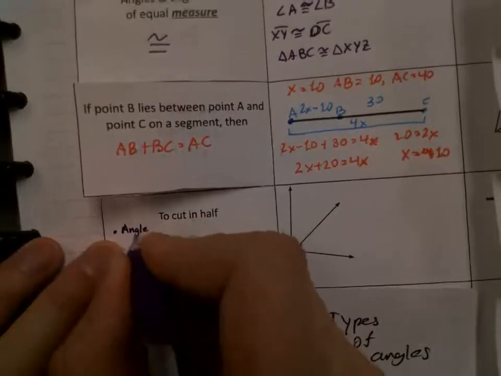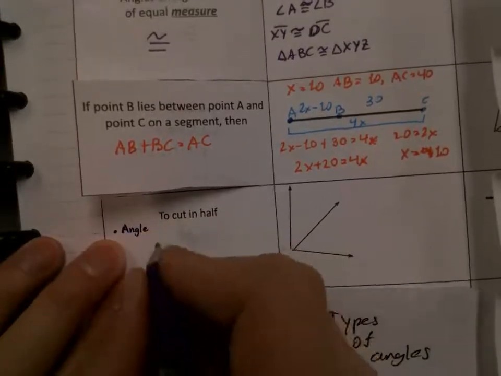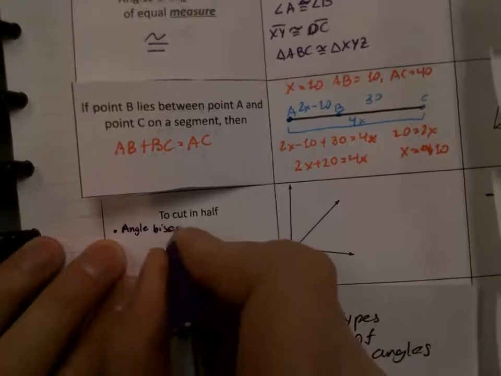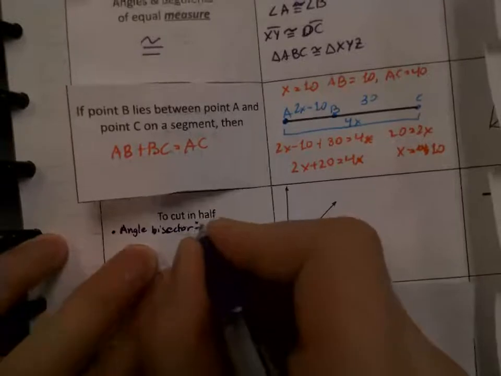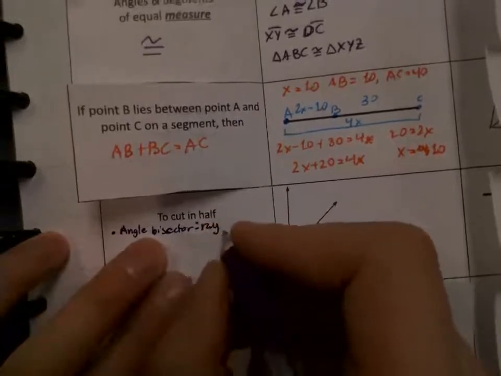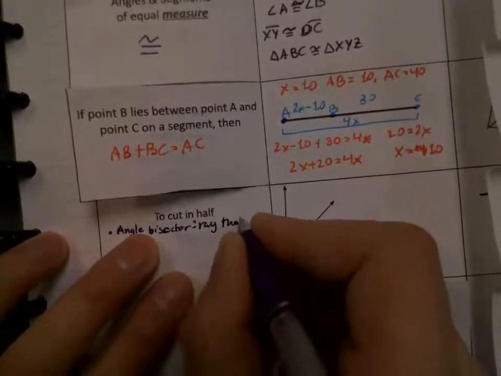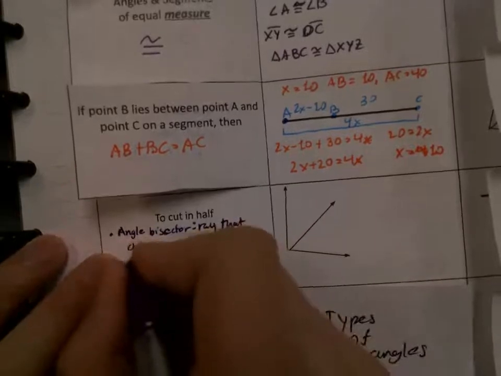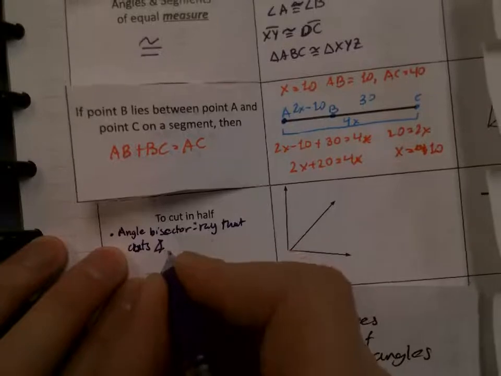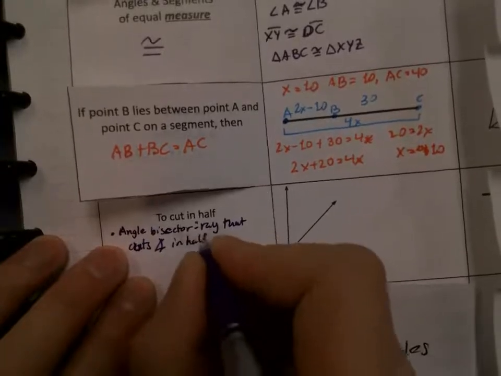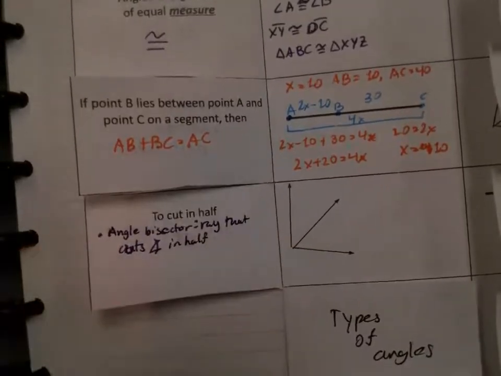Angle bisector: a ray that cuts the angle in half.